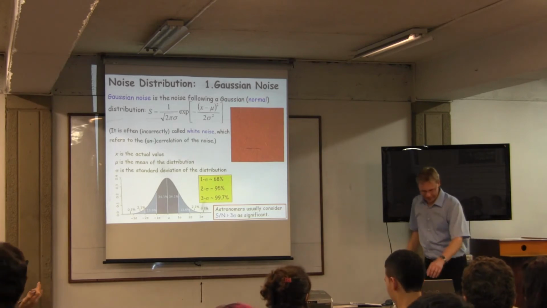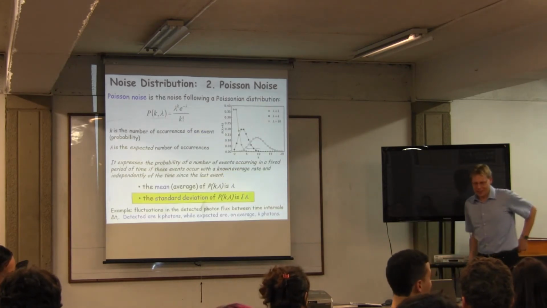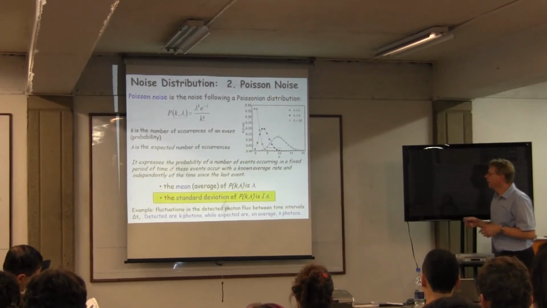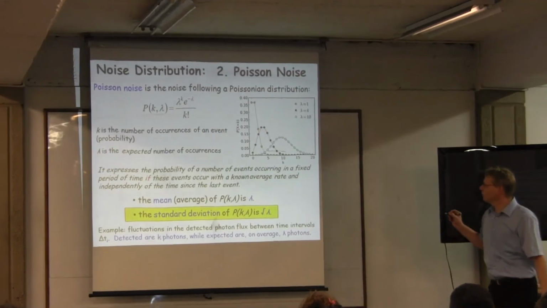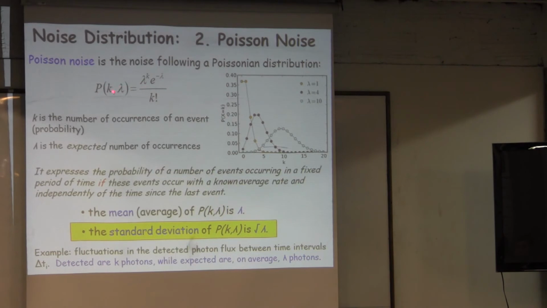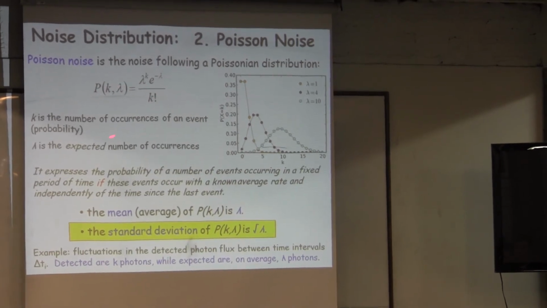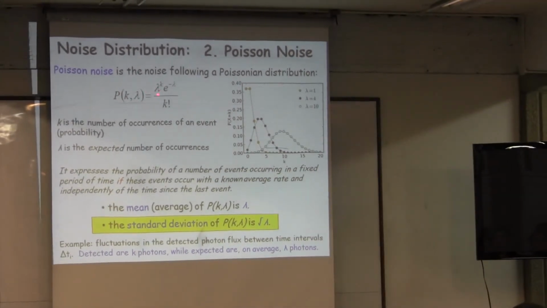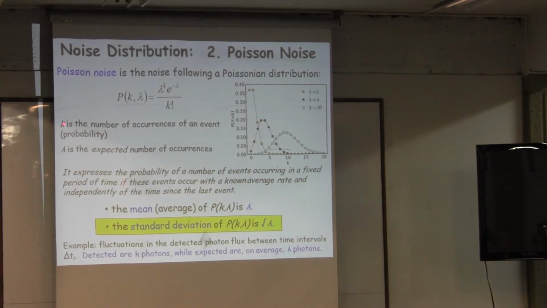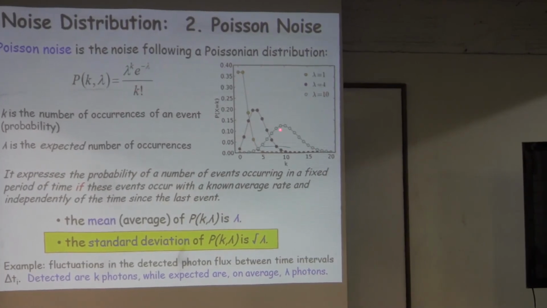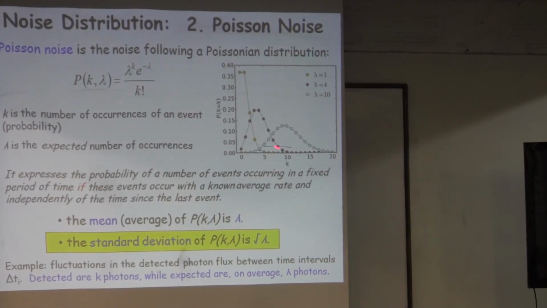Okay. There is also the second important distribution, the Poissonian distribution. And I'm also assuming that you've seen something like that before. The distribution is shown here, where lambda is the expected number of occurrences, k is the number of occurrences of an event, so it's the probability, and the distribution is given here.